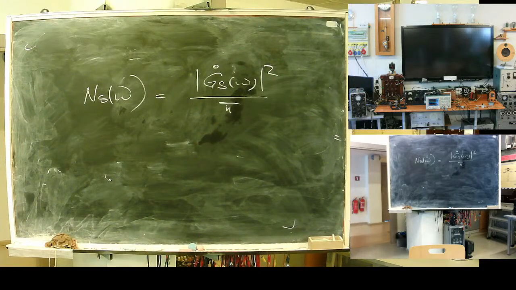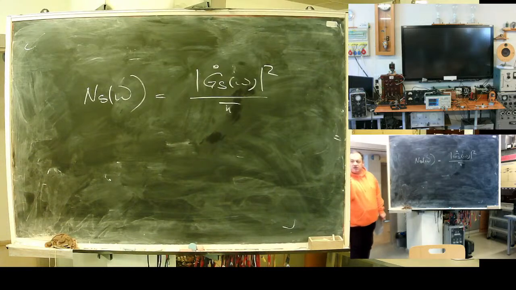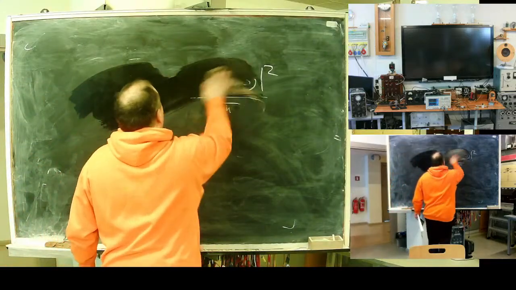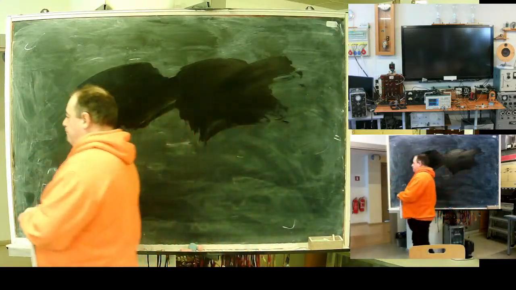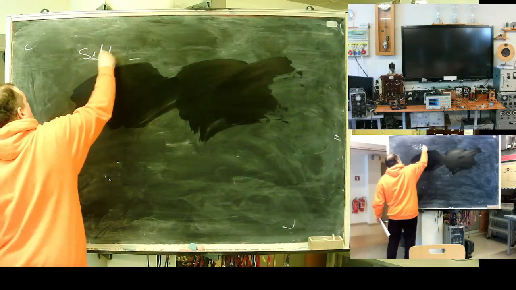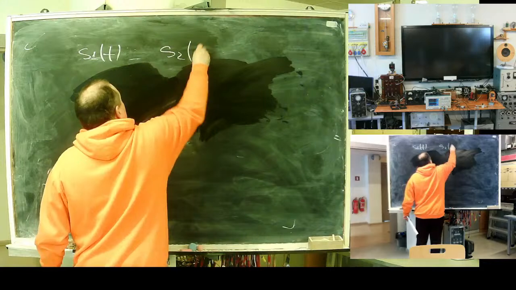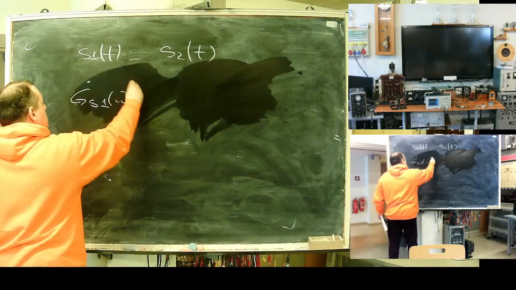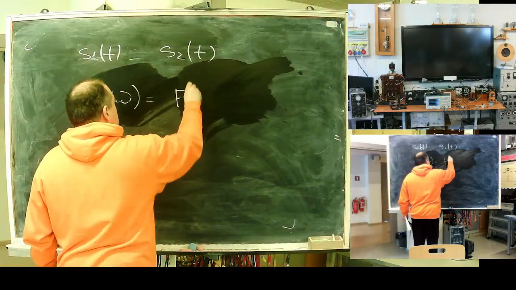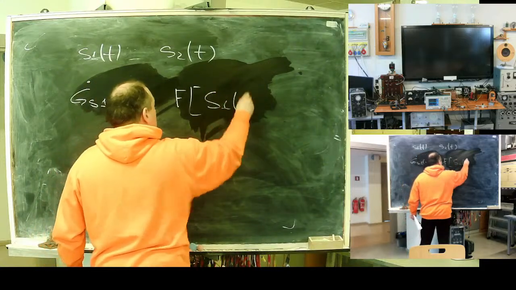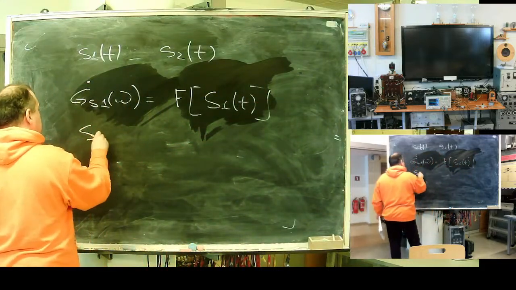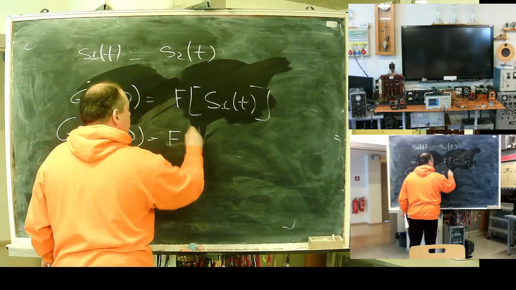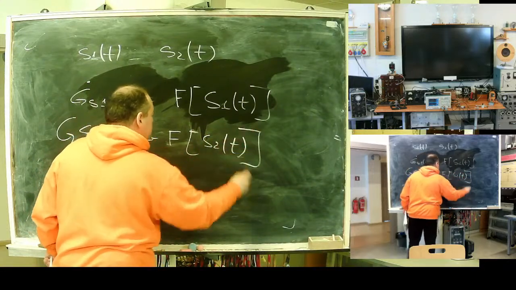Okay. Now, what about two signals? The Parseval theorem speaks of one signal. What about two? So I have one signal and two signals. The first spectral function is the result of the Fourier transform of the first signal. The second spectral function is the result of the Fourier transform of the second signal.